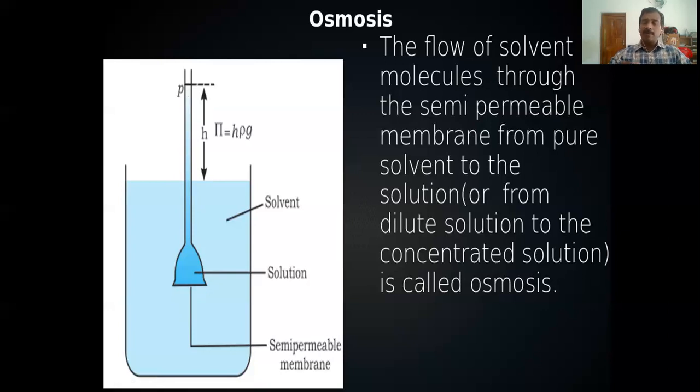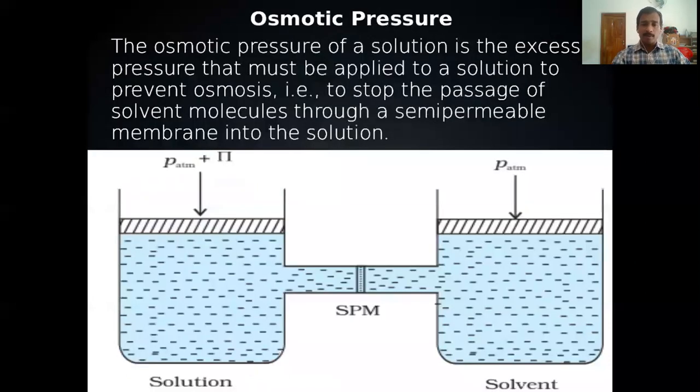Always there is a tendency for pure solvent molecules to flow to the solution when they are separated by a semi-permeable membrane. If you want to stop this process, what do you have to do? That you can see in the next picture. So here P, atmospheric pressure, is acting here. It is pure solvent. It is the solution.